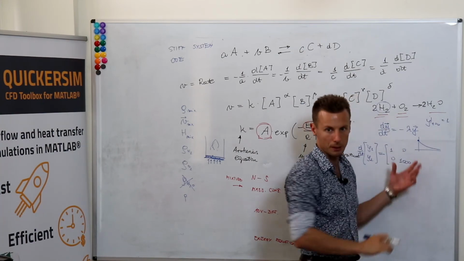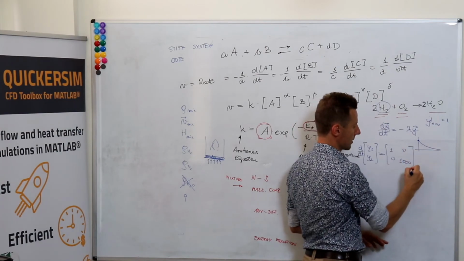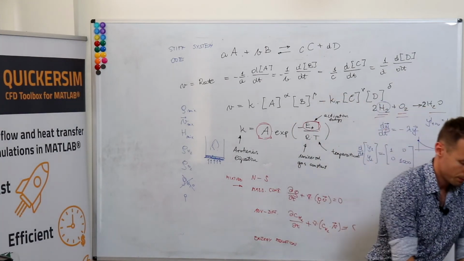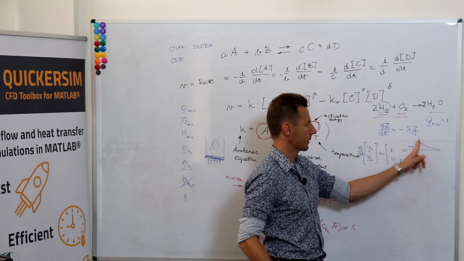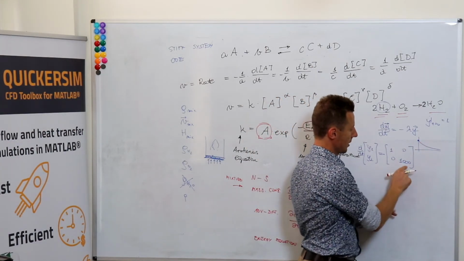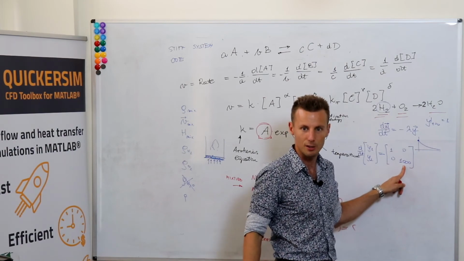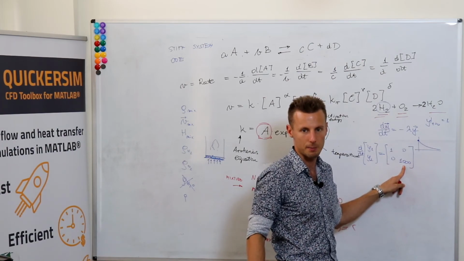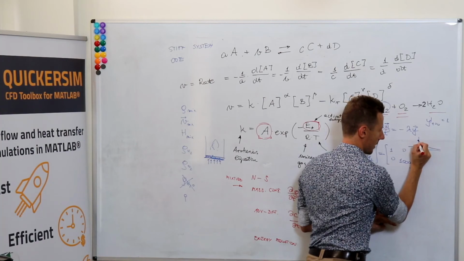And you've got no coupling between the two components. What's the solution? The solution for y1 is obviously the same, but the solution for y2 drops 1,000 times quicker.